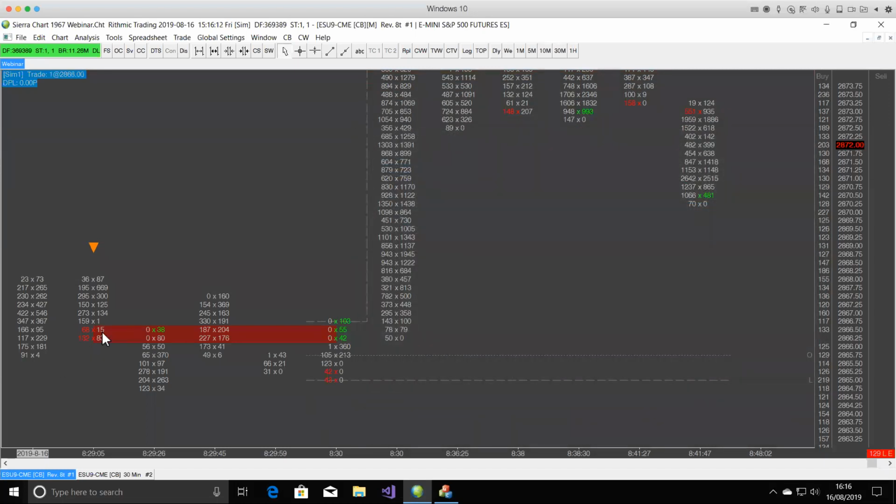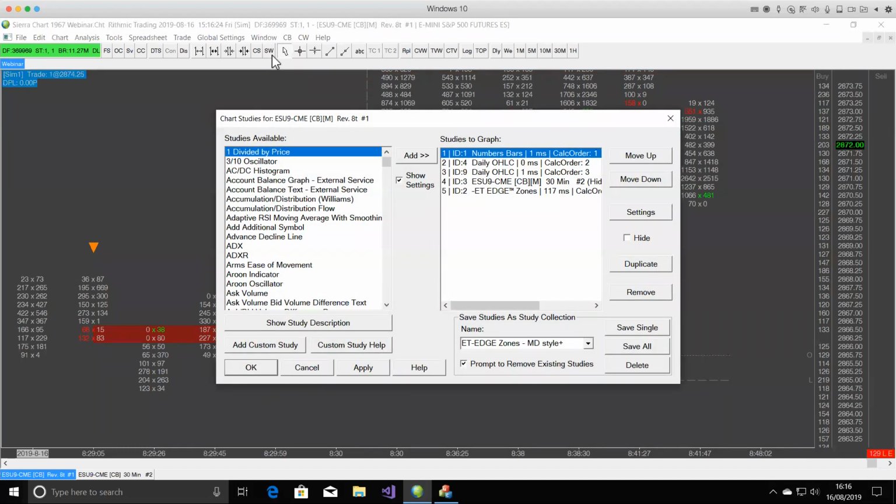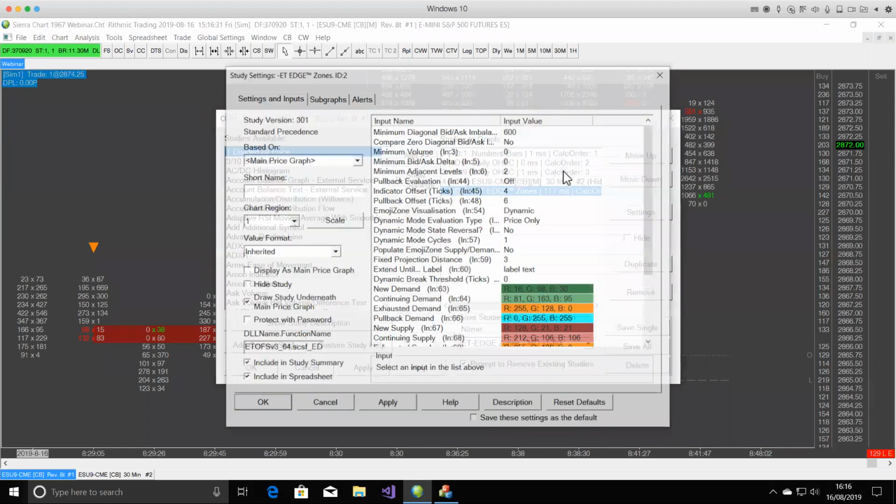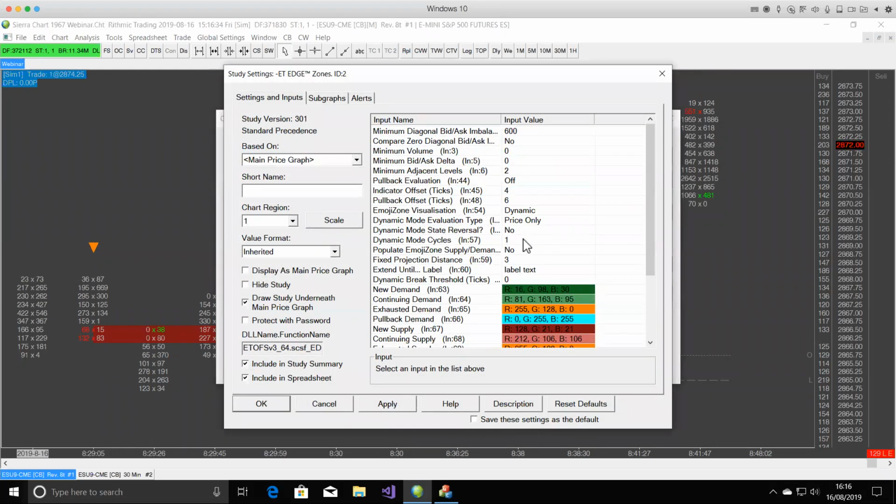And now what we've got is a zone, and that zone will just disappear at the point we trade above it. So this is, let me think, 12 months, 18 months ago kind of technology, and the visualization in market delta. If we want to have a bit more information though, we can start to use dynamic mode using order flow evaluation.